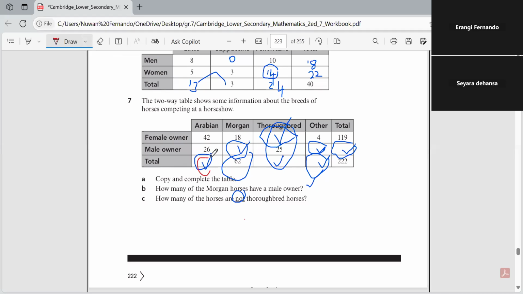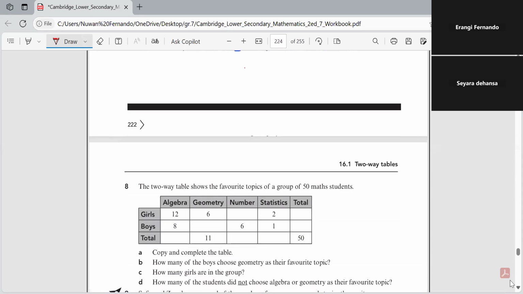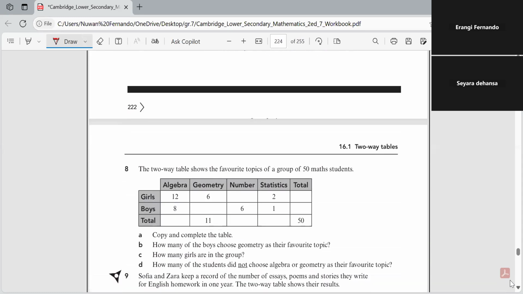When you take this total, what is the answer? 142. Yes, 142 is the answer. So that answer is wrong, right? Okay, clear? Right, shall we do the next one as well?